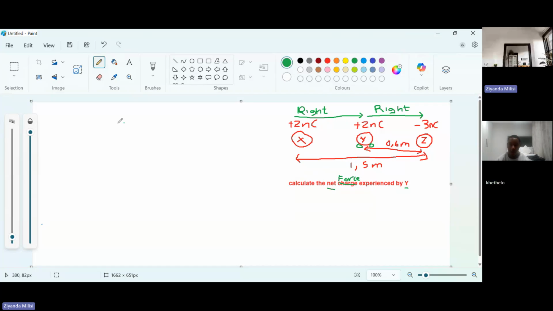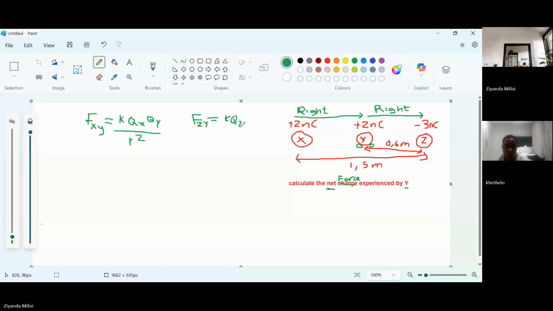For the force by Z on Y: K Q_Z times Q_Y divided by r squared, the distance between Z and Y. So you are going to calculate the electrostatic force for both of these. Let's do it together so that we are faster. What is K?